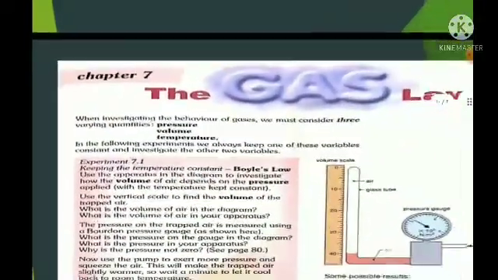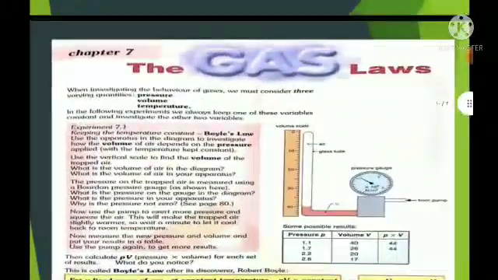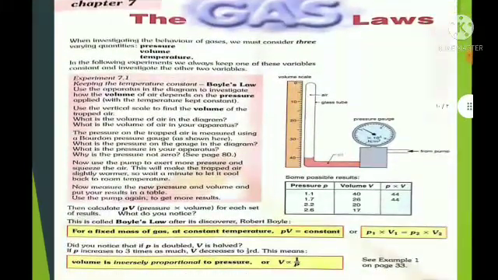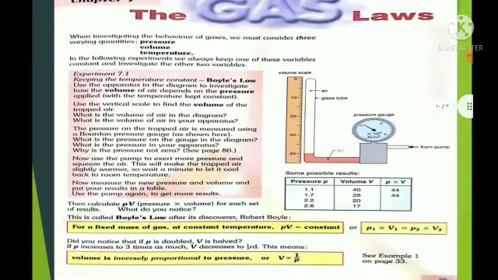In the following experiment, always keep one variable constant and investigate the other two variables. Experiment 7.1, keeping the temperature constant. This is Boyle's law. Use the apparatus in the diagram to investigate how the volume of air depends on the pressure applied, with temperature kept constant.